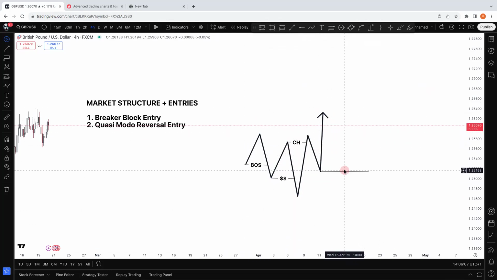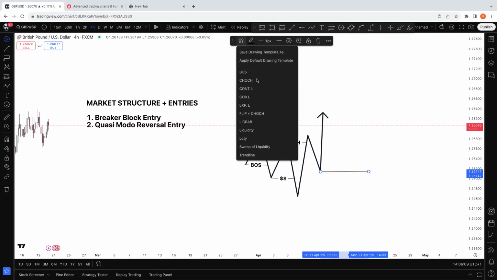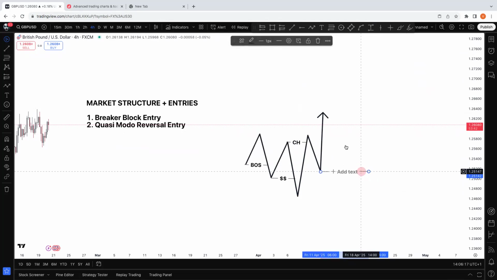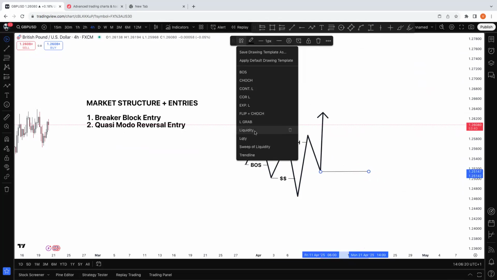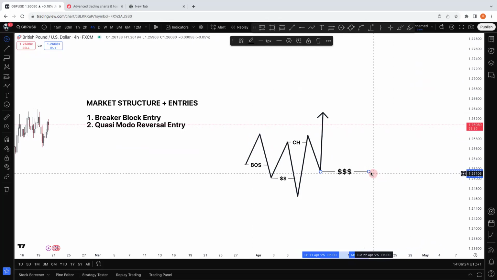So, we said this is our SLQ, or we can also call it liquidity. Let's just say liquidity, right? Because price is always going to take it out, right?